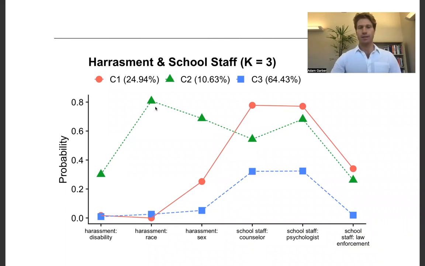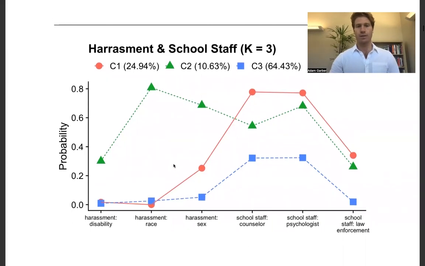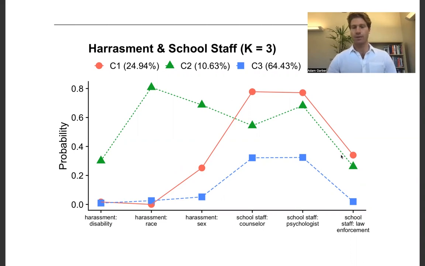We can see in this green class, which represents about 11% of the sample, we have relatively high endorsement across the harassment variables, as well as the school staff variables. And in this pink or red class, which is about 1/4 of the sample, we have lower endorsement across the three harassment variables and relatively higher endorsement across the school staff variables.